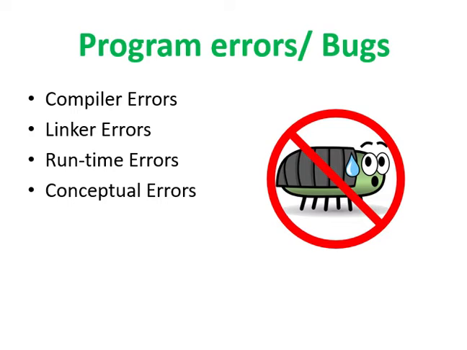Second one is the linker error. These errors occur when, after compilation, we link the different object files with the main object using Control plus F9. This Control plus F9 we use to run the code from any IDE environment. These are the errors generated when the execution of the program cannot be generated.